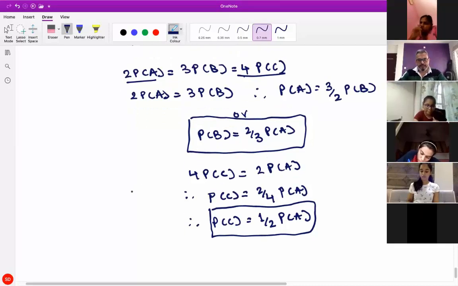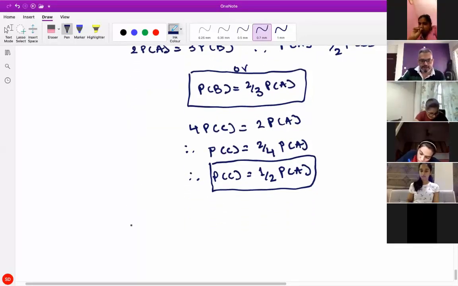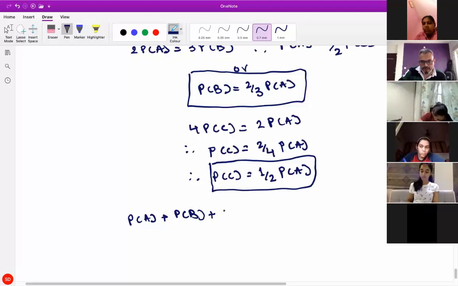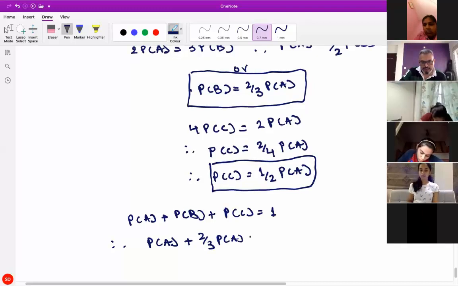So let's write P of A plus P of B plus P of C is equal to 1. Therefore, P of A as it is, P of B is 2 by 3 P of A, plus P of C is 1 by 2 P of A, is equal to 1.